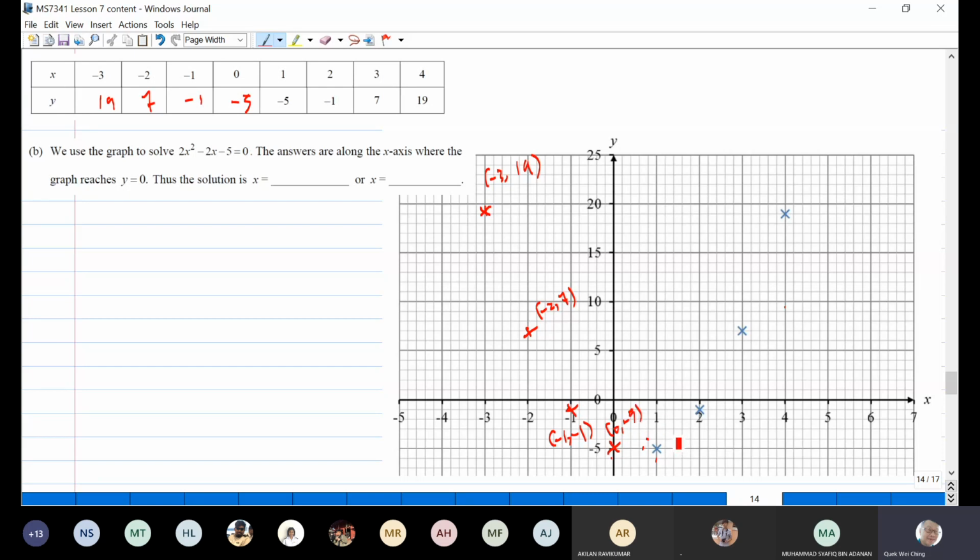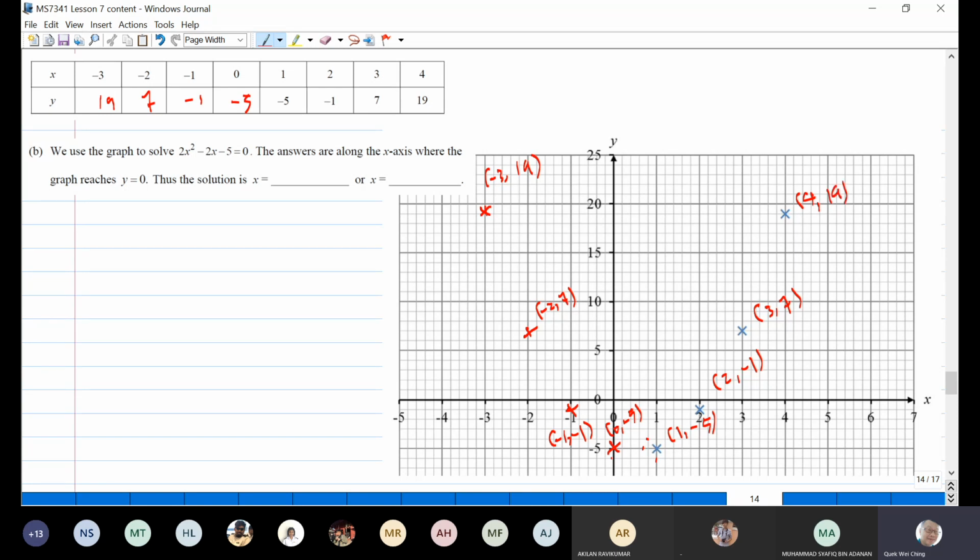X equals 1, also minus 5. X equals 2, you get minus 1, so the point 2, minus 1 here. This is the point for you already. And x equals 3 gives 7, and x equals 4 gives 19.